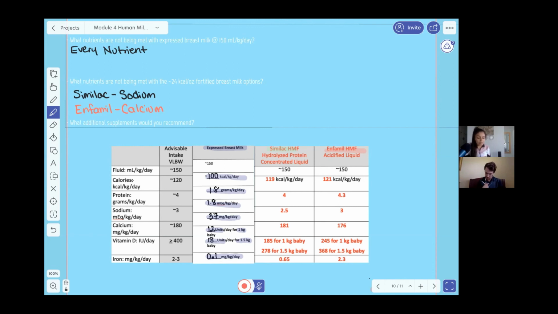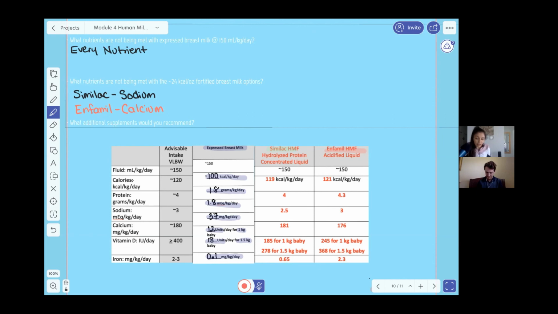Then our vitamin D should be greater than or equal to 400 IUs. So with Similac we have 185 for our 1 kilogram baby and 278 for a 1.5 kilogram baby, which obviously, I think it's safe to say both of those are still lacking, right? Yep.